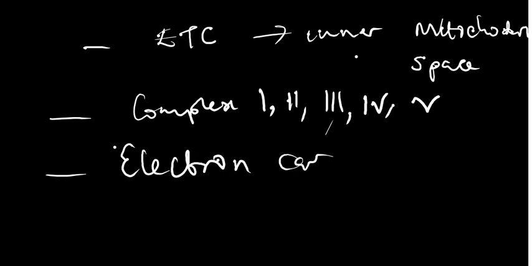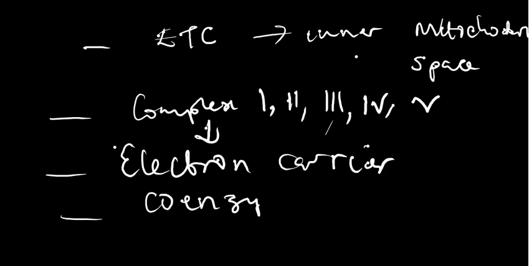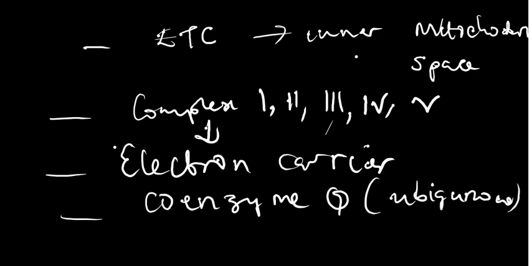Some examples of those electron carriers are coenzyme Q, or ubiquinone, as well as cytochrome C. So these are the electron carriers that we're talking about.